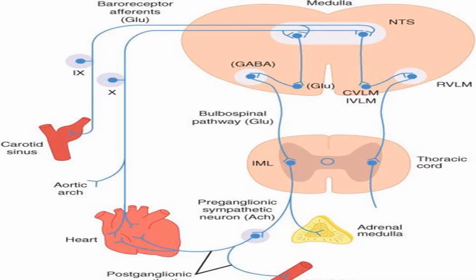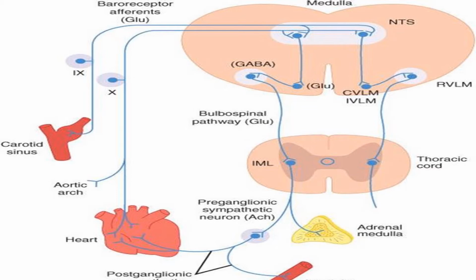The baroreceptors are stimulated by distension of the structures in which they are located, and so they discharge at an increased rate when the pressure in the carotid sinus and aortic arch rises.